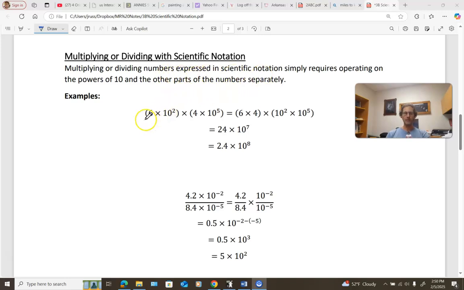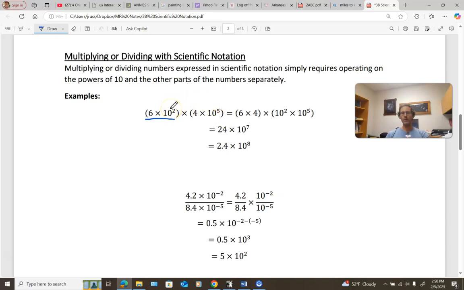So look at this example here. This is my first number, okay? Remember, these numbers are expressed in scientific notation. So this is my first number times my second number, okay? The way you do this is you work with the 6 and the 4. So you say 6 times 4, that's where you get 24.